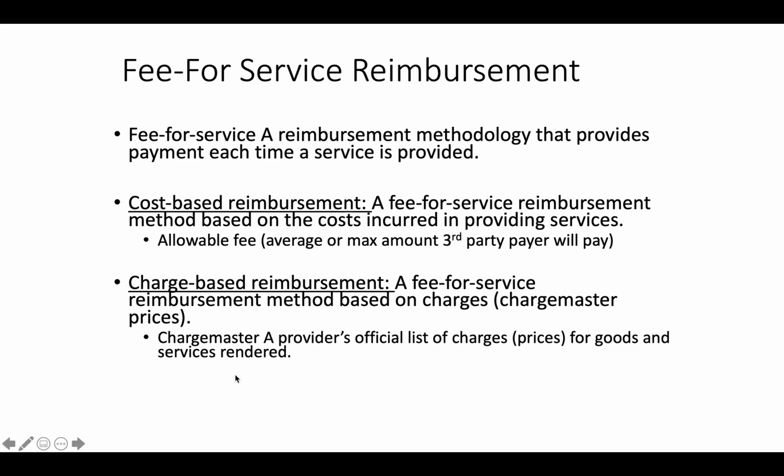It's similar to a menu that you get in a restaurant. For each item there is a price. So this is charge-based reimbursement. Charge master, the provider's official list of charges, which is essentially the prices for goods and services rendered.